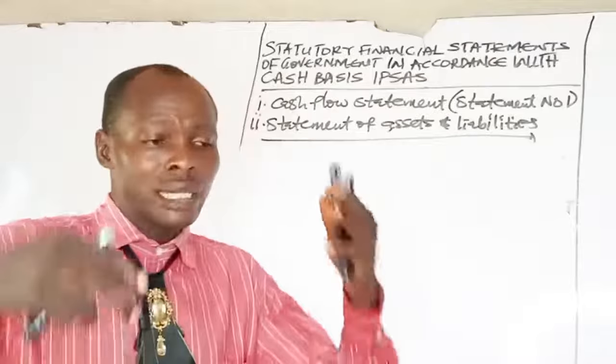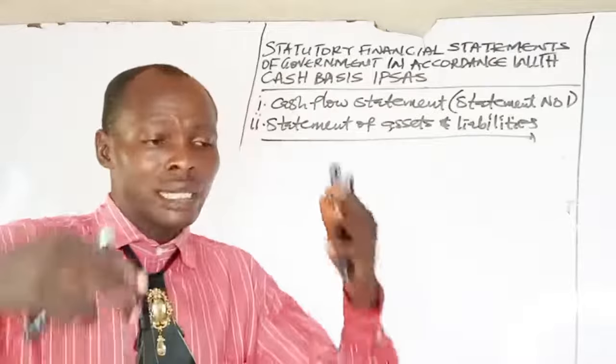So by the time you sum up all this, you have total internal and external loans. After this, we have other liabilities.